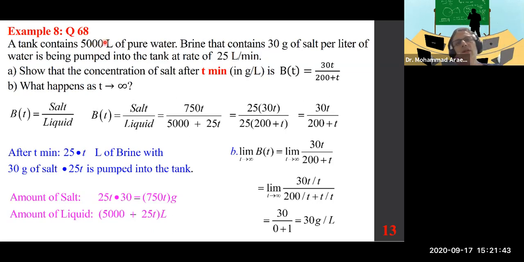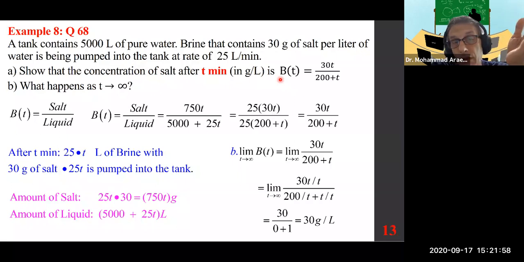It's basically peanuts. It goes away. Therefore, eventually this becomes pure salt. If you add enough brine that the original amount of water, which was 5,000 liters, which is a lot, that's nothing compared to that, this is what happens.